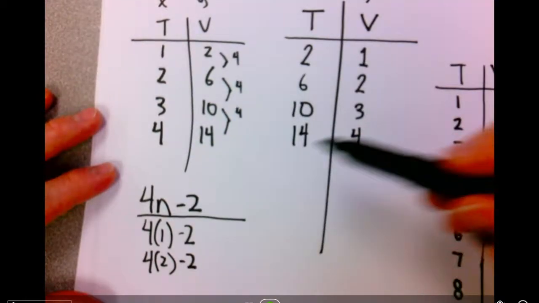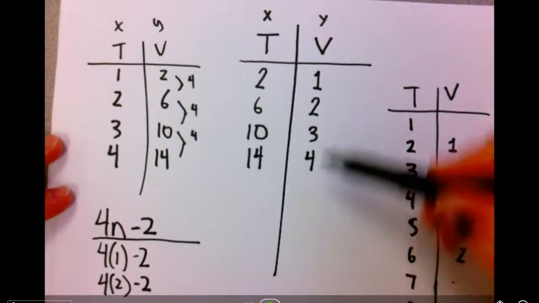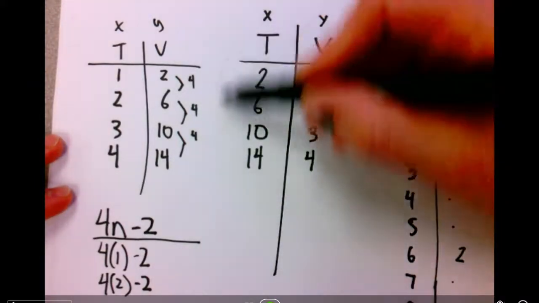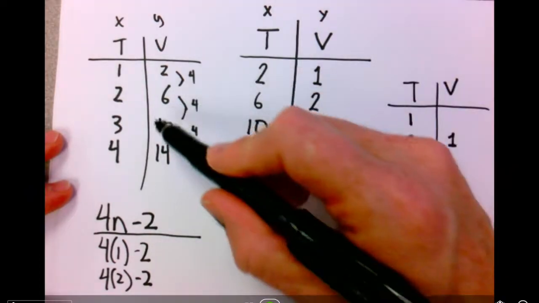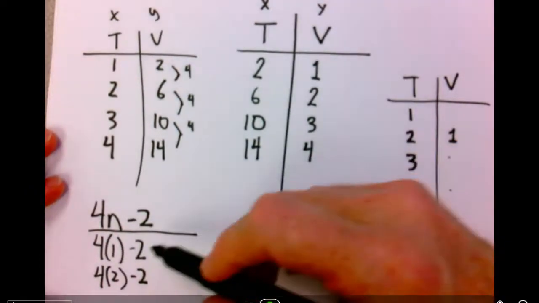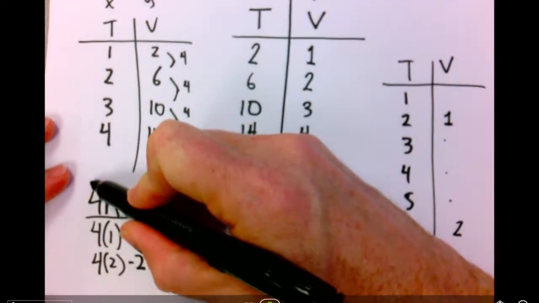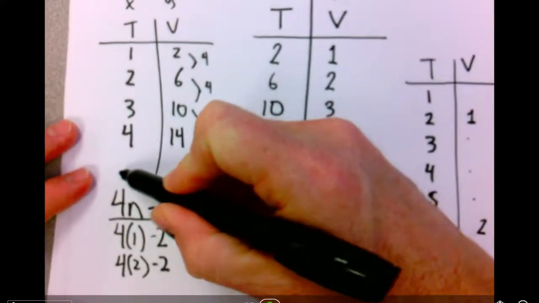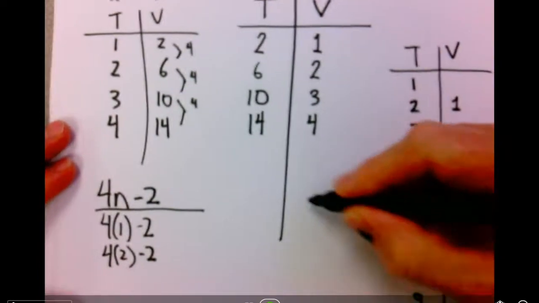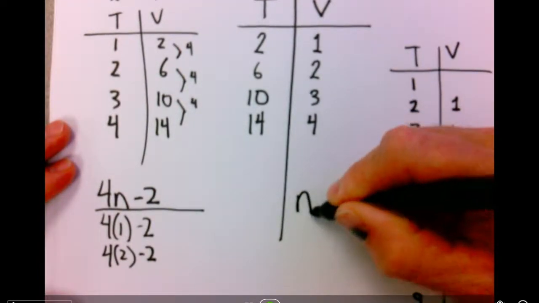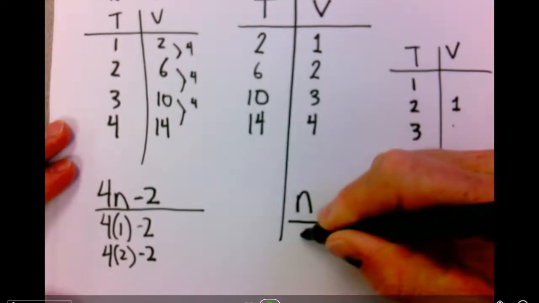But we still haven't figured out the nth term for this unique pattern. Well, we know that this is flipped, so we've got to flip it back. So the opposite of 4n, the opposite of 4 times n, is n divided by 4.